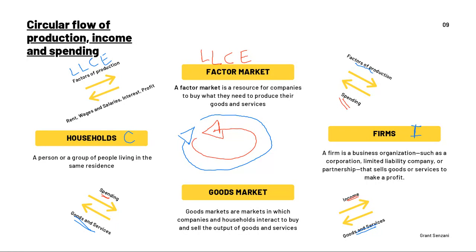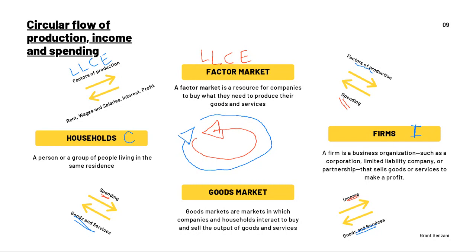Income goes clockwise, and anti-clockwise is spending. Okay, so the households spend money on the goods market. The goods market spends money on the firms to get resources or whatever, and the firms spend income.